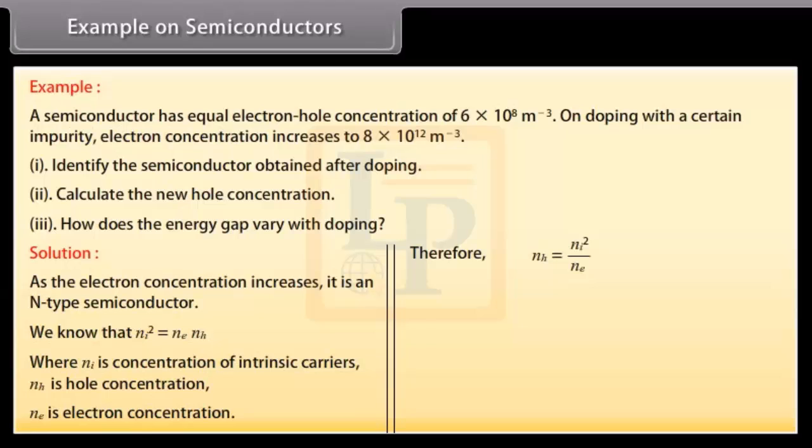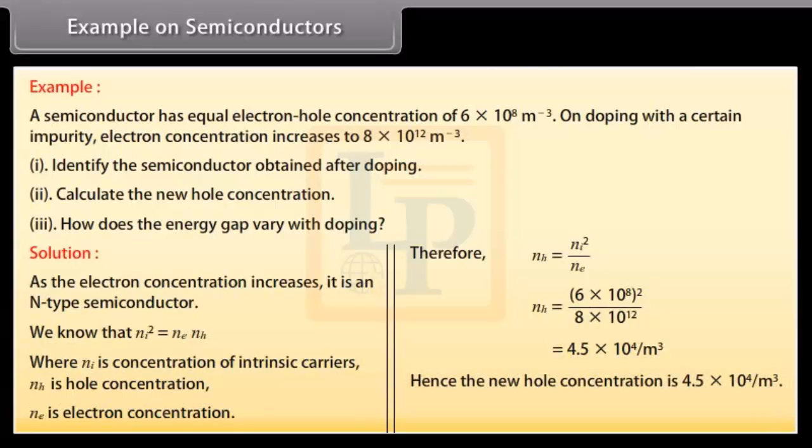Therefore, NH is equal to Ni square divided by Ne. On putting the values, we get NH is equal to 4.5 into 10 raised to the power 4 per meter cube. Hence, the new hole concentration is 4.5 into 10 raised to the power 4 per meter cube. With the doping, energy gap decreases.